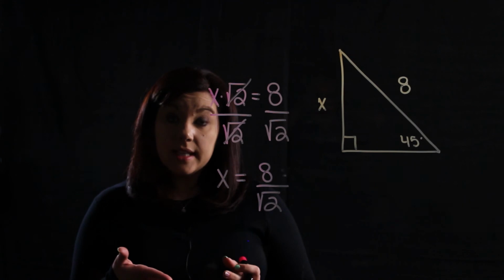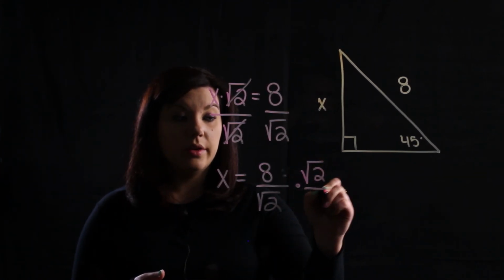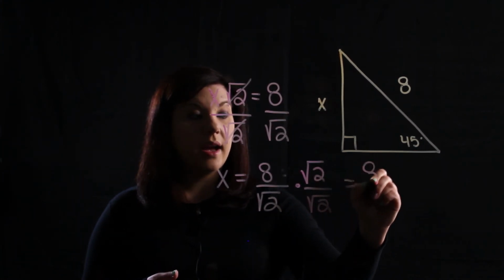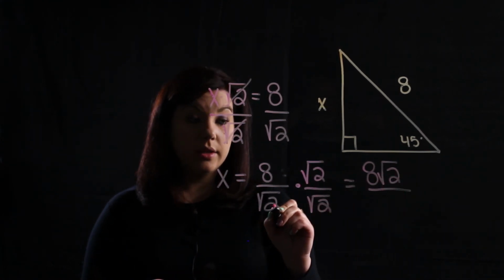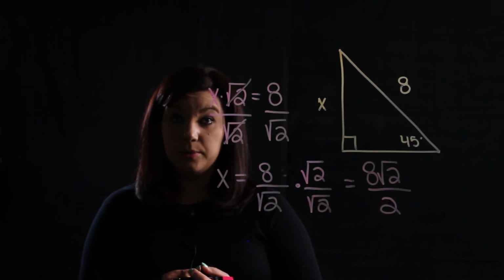So to fix that, we multiply both the top and bottom by the square root of 2. So now on the top, we have 8 square roots of 2 over the square root of 2 times the square root of 2, which just gives us nice old plain 2.